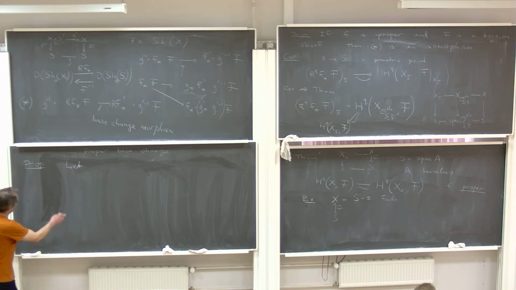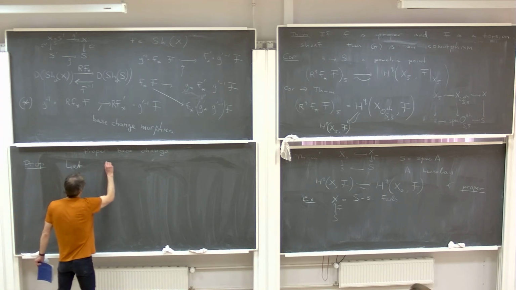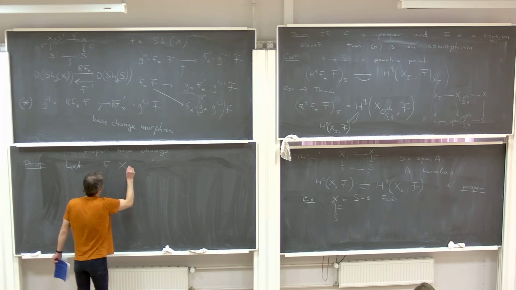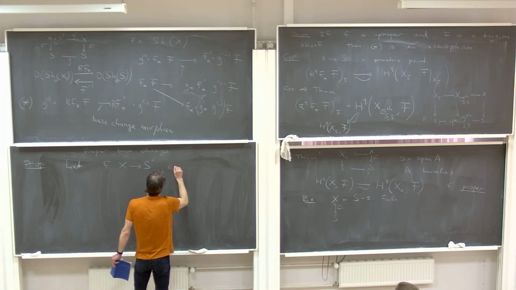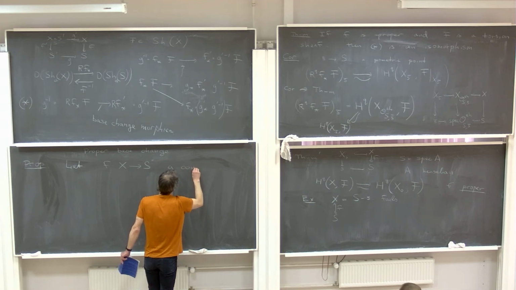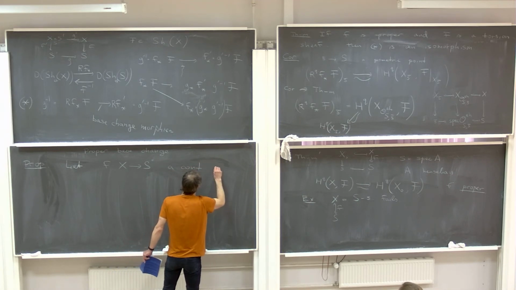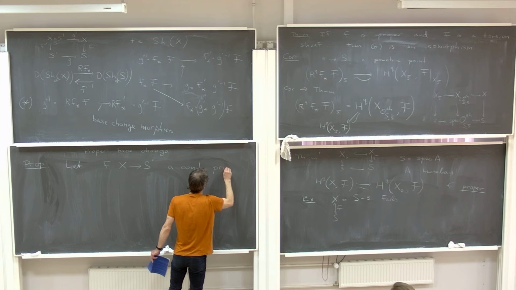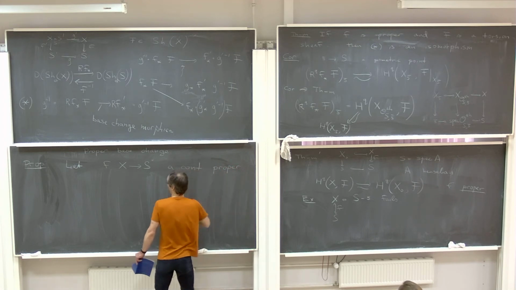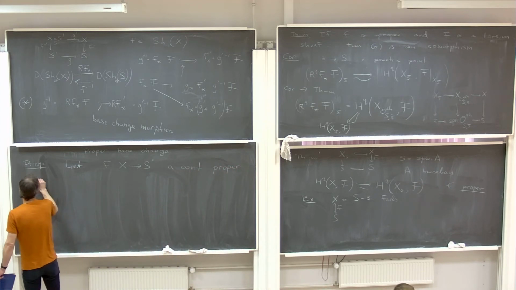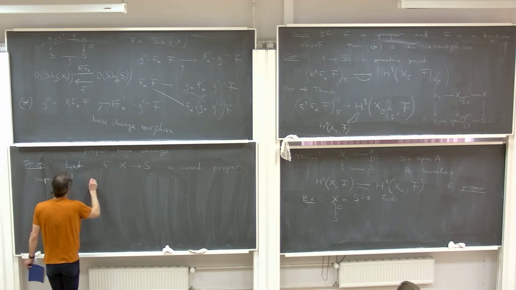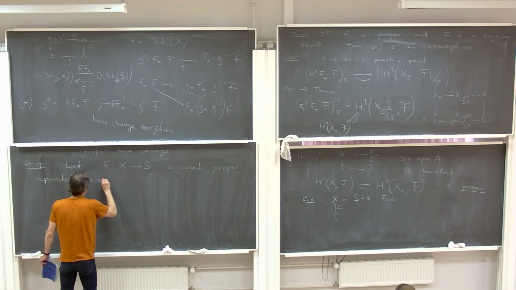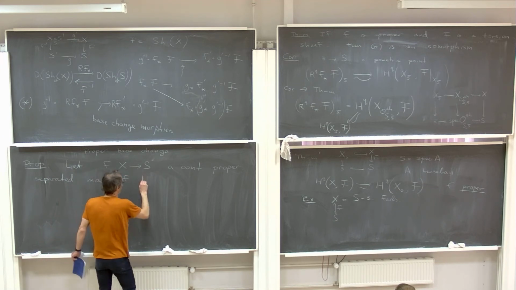Okay. So let f: X to S be a continuous proper separated map of topological spaces.